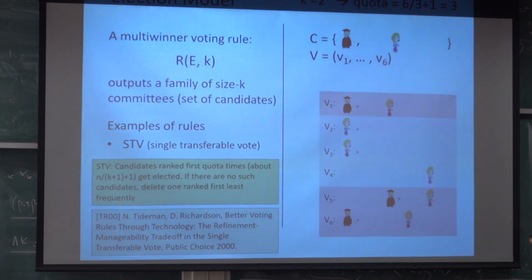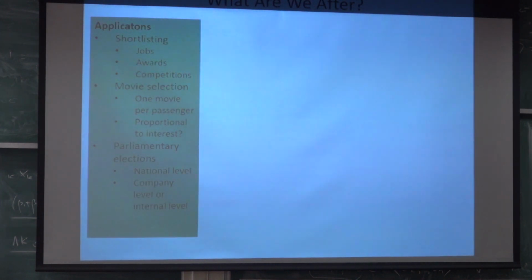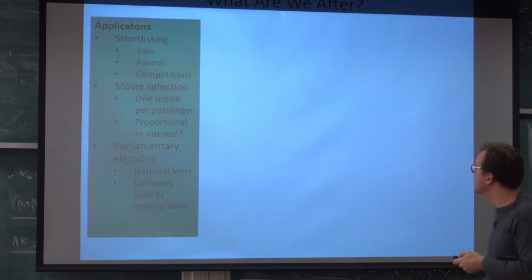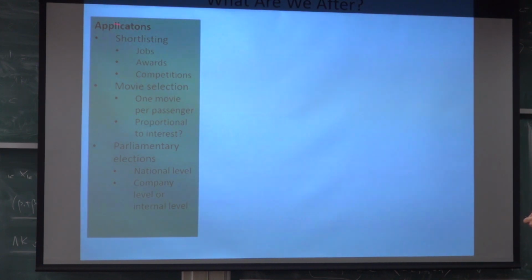Okay, we'll probably be back to STV in a long time from now. We'll occasionally see it in passing, but these are just examples. Now, what are we after in this talk? There are some applications like this: shortlisting, jobs, awards, competitions, movie selection, parliamentary elections, and so on. It's good for storytelling, but it's not very good for mathematics.